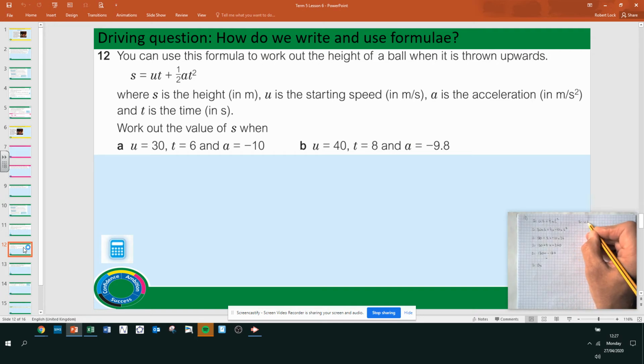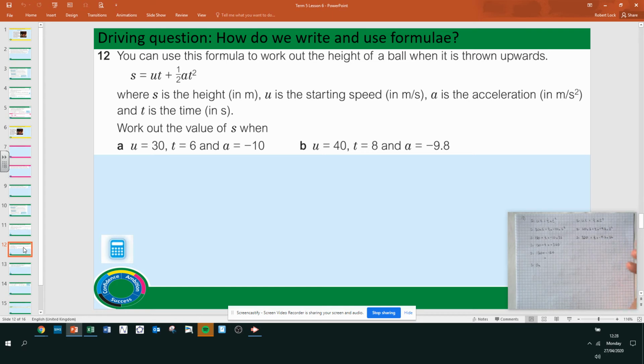S equals ut plus a half at squared. Substitute the values into this. S equals u, 40, times t, which is 8, plus a half times a, which is minus 9.8, times 8 squared. So S equals 4 times 8 is 32, so 320, plus a half times minus 9.8 times 8 times 8, 64.